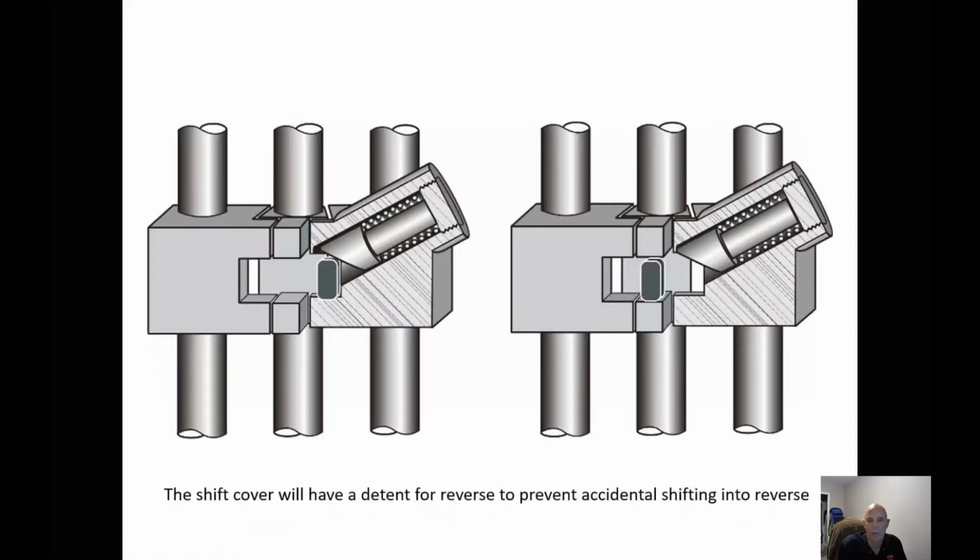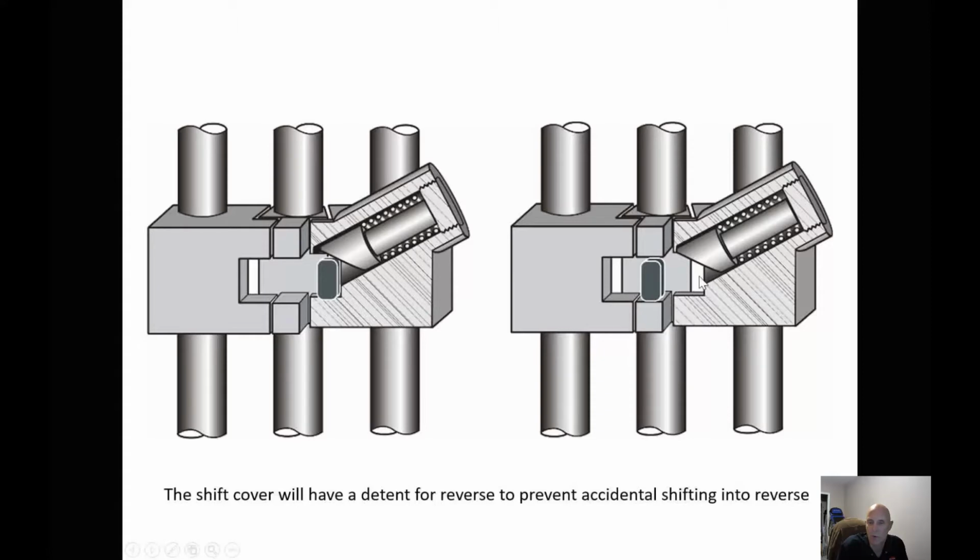The other thing we have is that when we shift into reverse, there is a little bit more resistance. We have to actually force it and compress this spring to get it into reverse, and this prevents us, when we're going to shift from first to second, from accidentally missing and trying to go into third.